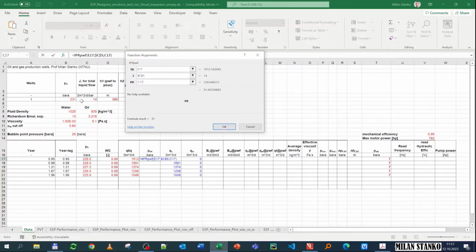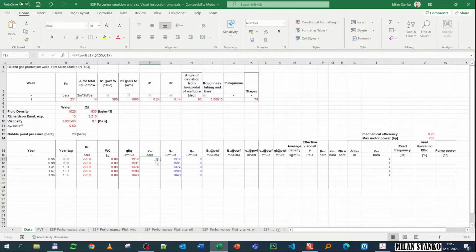And the only one I'm blocking is the J. The J will remain constant with time, but the PR and the Q will change in time. So you see here I found that I have to have 91, year 0.95, 0.98, 114, and so forth. Let's see if it did it properly.